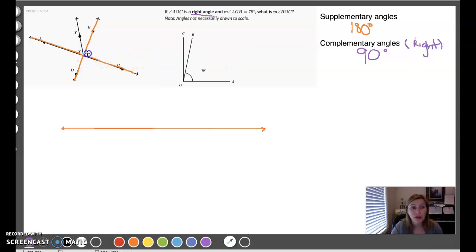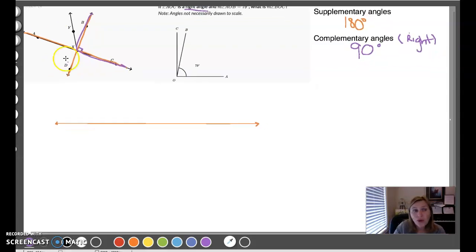They're symbols like this little box right here. That means this angle right here is 90 degrees. We can see that from this little box right here. That gives us a lot of information.